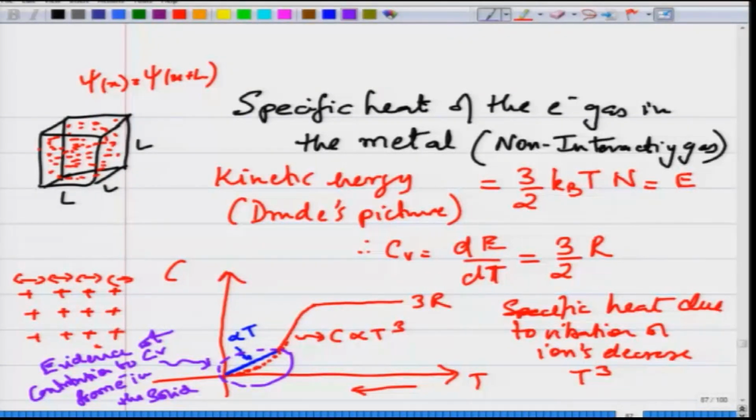The presence of the electrons in the solid actually contributes to the specific heat, and the contribution of these electrons to specific heat shows this linear temperature dependence.